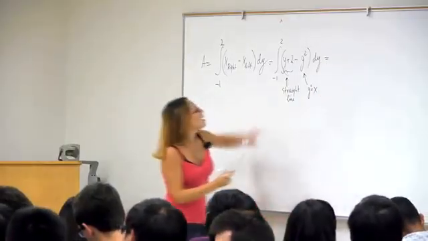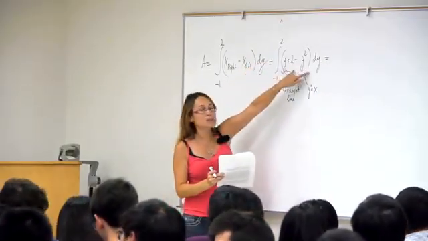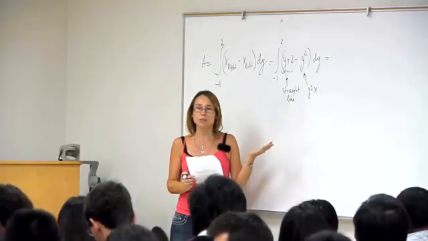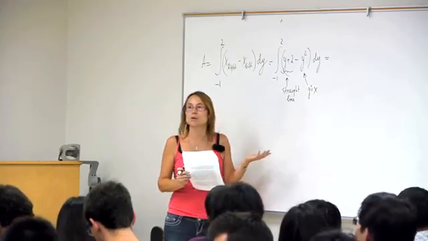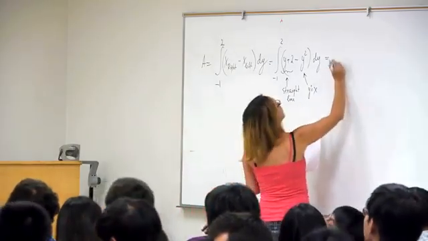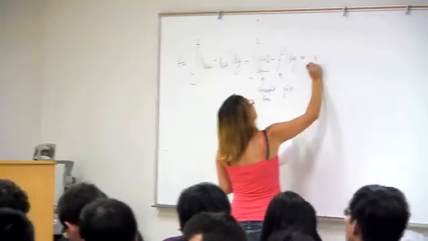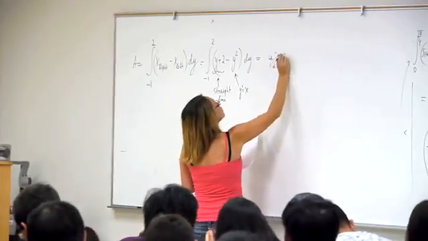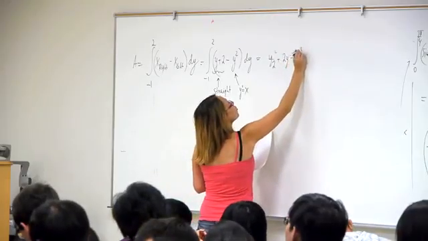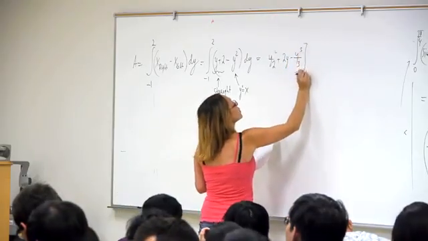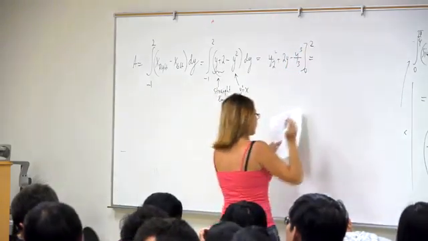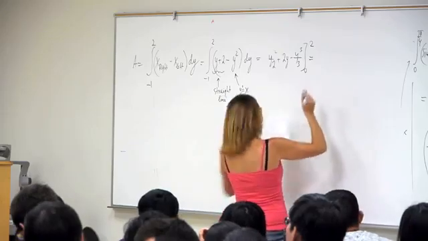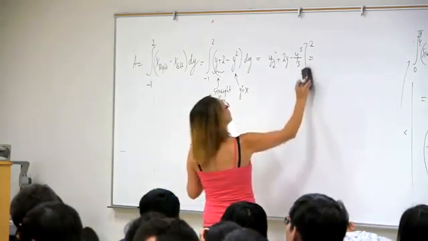And from now on, I have a definite integral expressed in terms of a silent variable y. I don't care if it's y or x, I just evaluate it. So I have y squared over 2 plus 2y minus y cubed over 3 between, oh, I'm sorry, between minus 1 and 2.